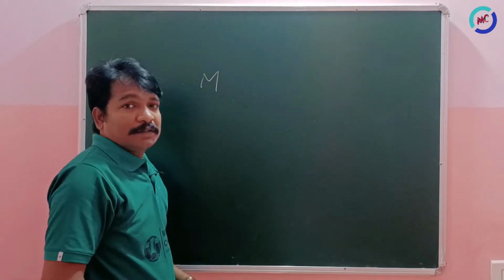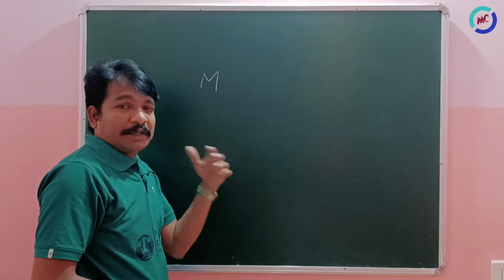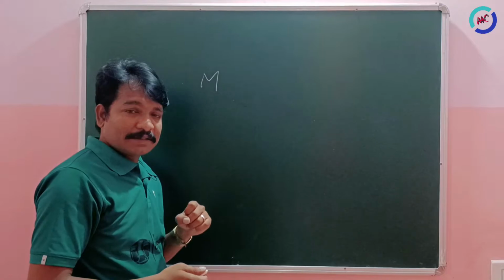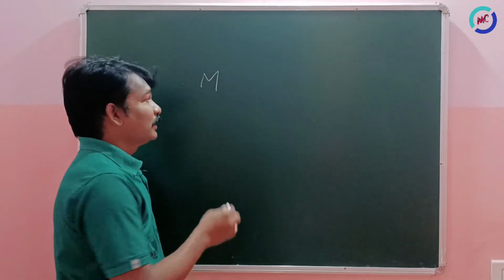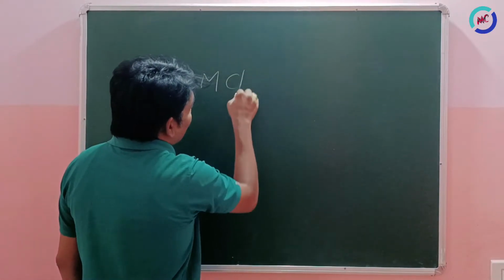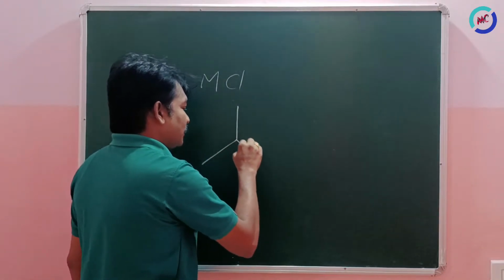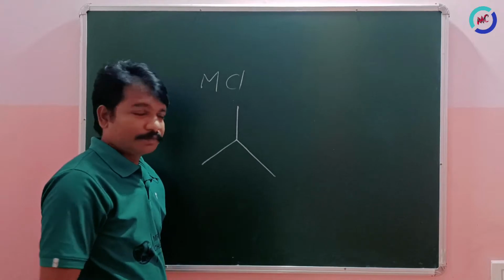In the given question, the element is M. They have given that it reacts with chlorine and gives one compound, and that compound has a bond angle of 120 degrees. 120 degrees means it should be trigonal planar.